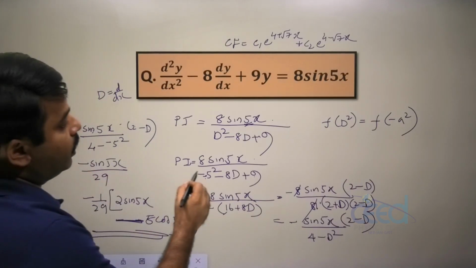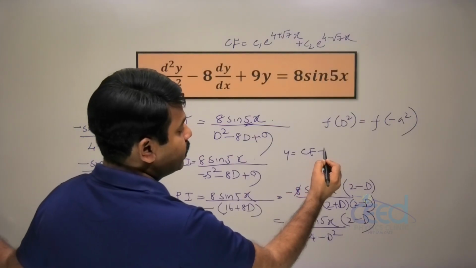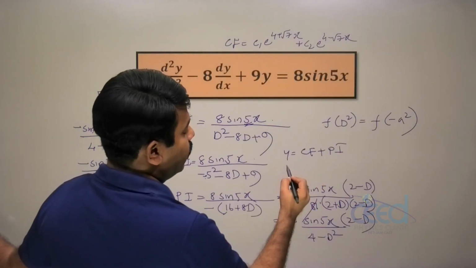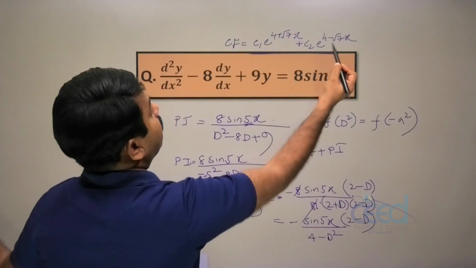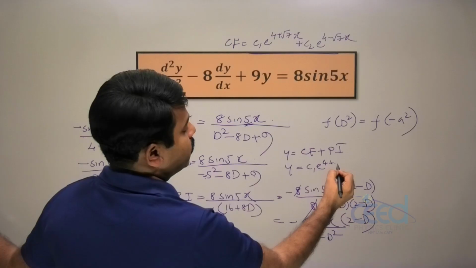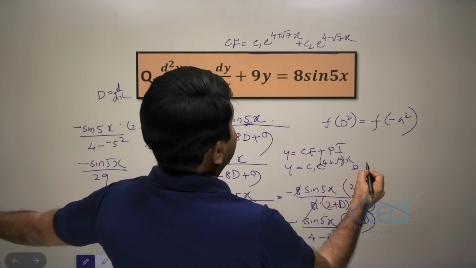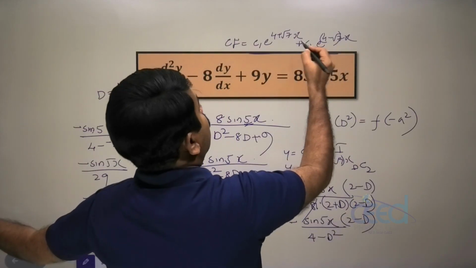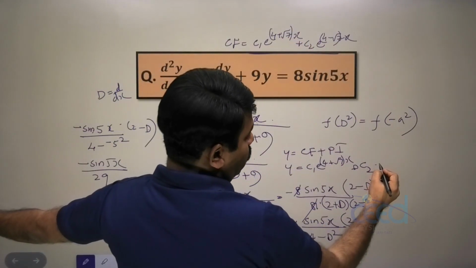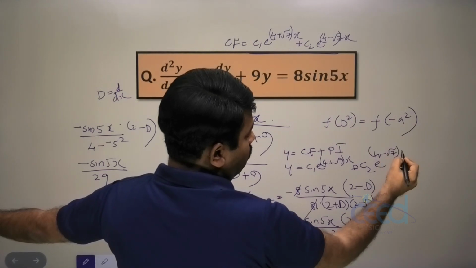Now total solution, what is it? Total solution y is equal to CF plus particular integral. What is CF we solved here? That is c1 e raised to 4 plus root 7 x, plus c2 e raised to 4 minus root 7 x. Am I right?